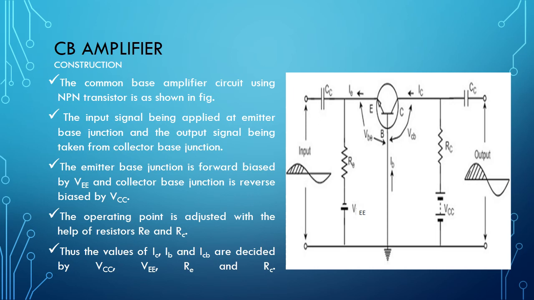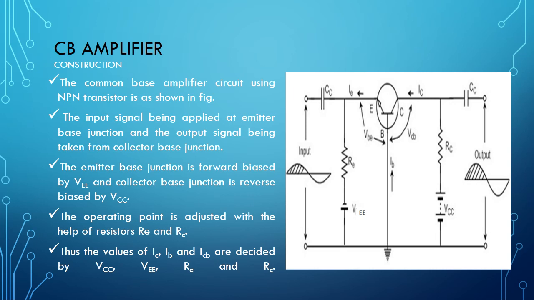The positive going pulse of the input source increases the emitter voltage. As the base voltage is constant, the forward bias of the emitter base junction reduces.